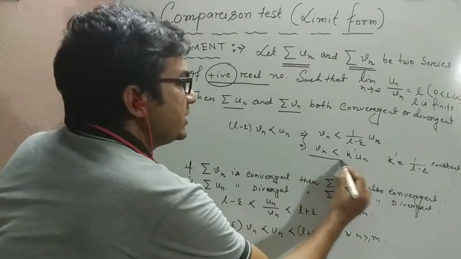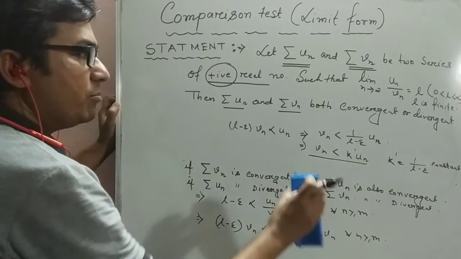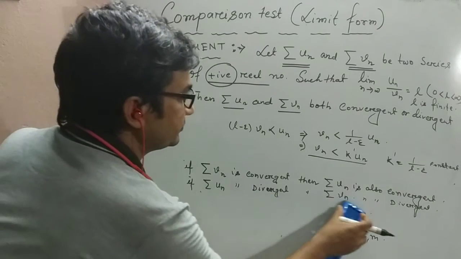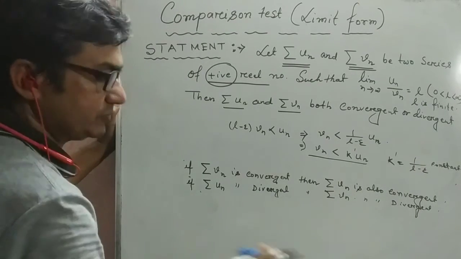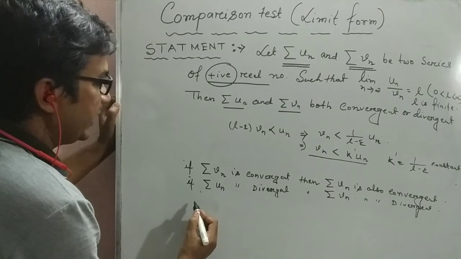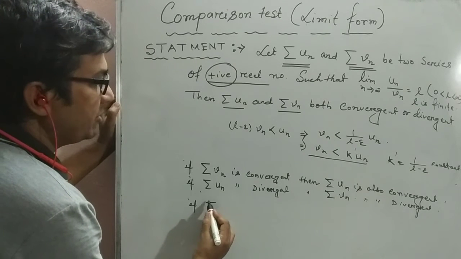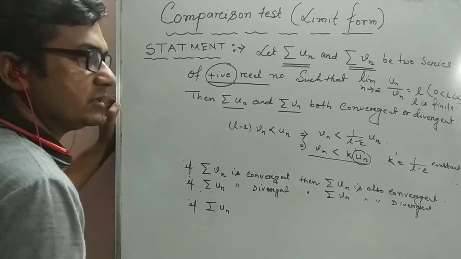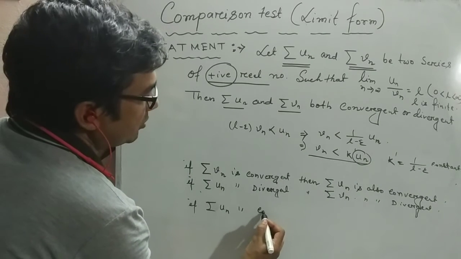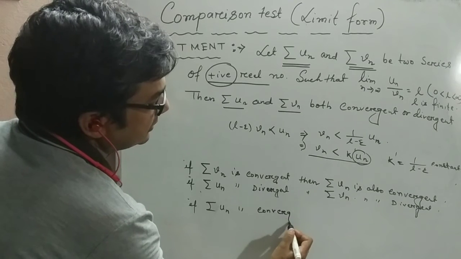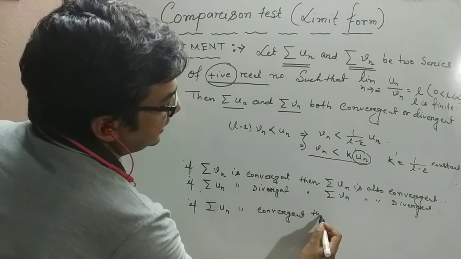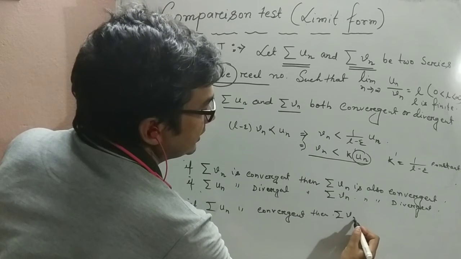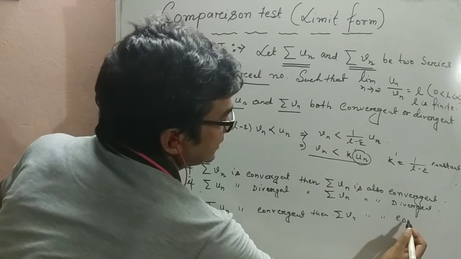From this relation, by using comparison test in general form, we can write if summation un is convergent, then obviously summation vn is convergent.